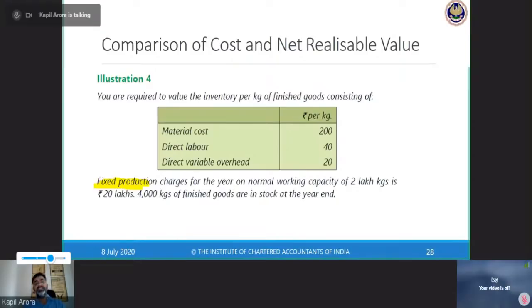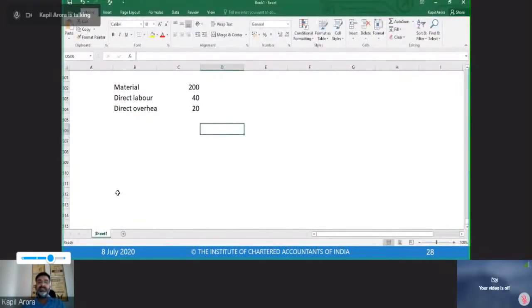So there are fixed production charges for the year on a normal working capacity of 2 lakh units, and the fixed charges are 20 lakh. If you remember, we discussed that whenever fixed charges are given, which is 20 lakhs, and I have produced at normal capacity, then I allocate that amount.